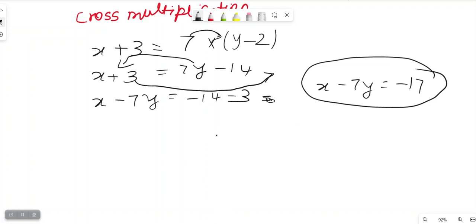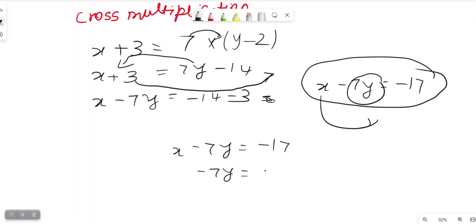Basically what we do, we keep y this side, everything else that side. So we have x minus 7y equals minus 17. Then we take minus 7y equals minus 17 minus x. Then we get y equals (minus 17 minus x) upon minus 7.